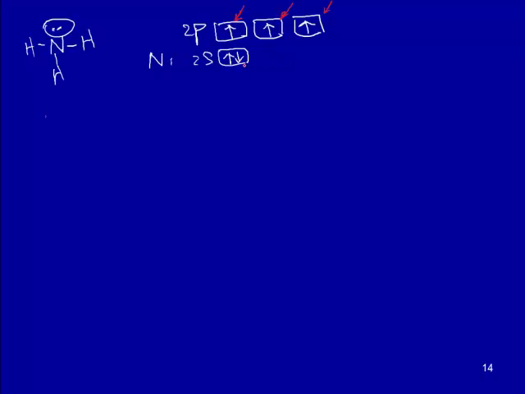However, for that particular combination, don't forget, those 2p orbitals are actually perpendicular to each other. So then the molecular shape will just be H, H, and H. Each bond angle will be 90 degrees.